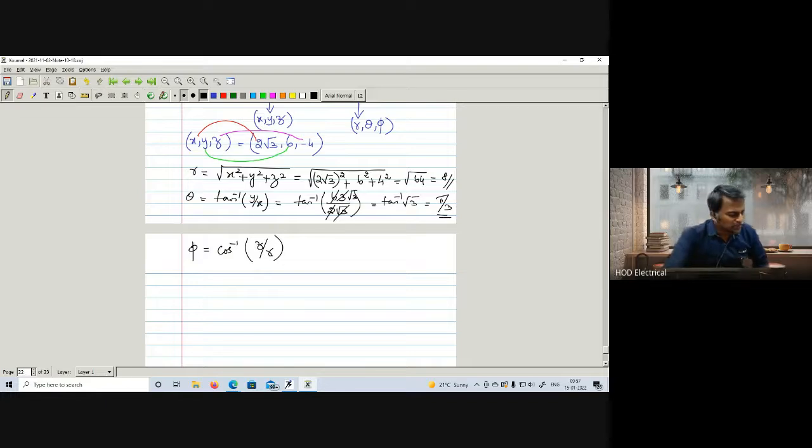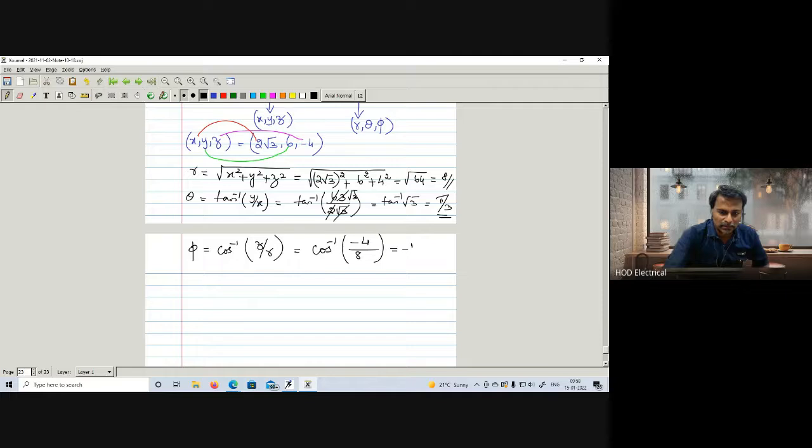Then phi is equal to cos inverse of z by r. Therefore, we can write cos inverse of z, which is minus 4, divided by r, which is 8.